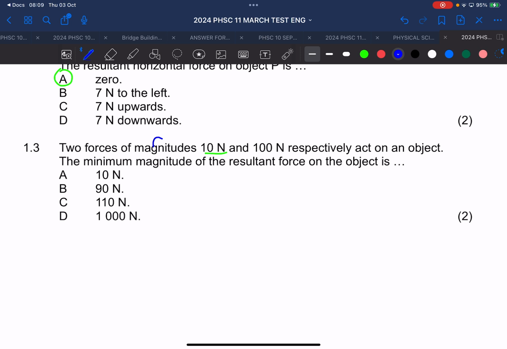Size. Magnitude stands for size. 2 forces of sizes 10 and 100 Newton respectively, means separately, this one is this, act on an object.